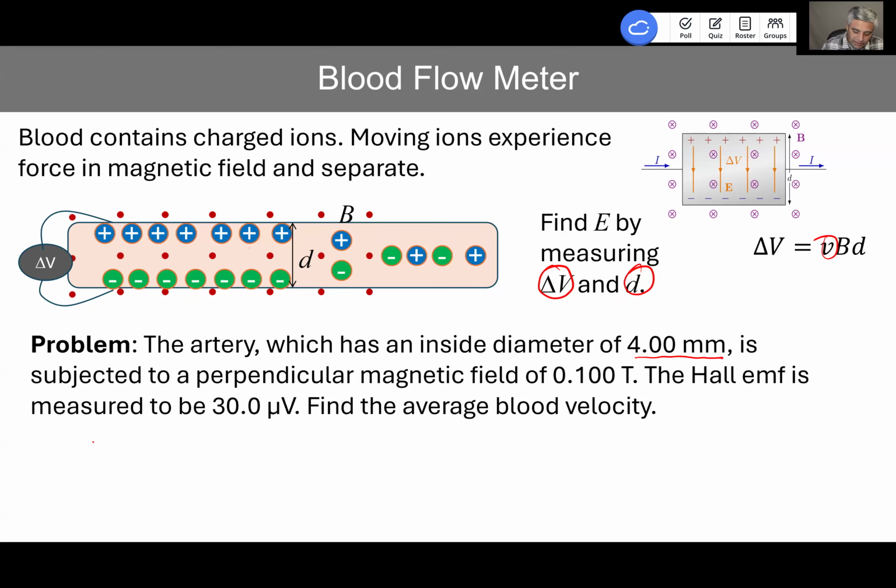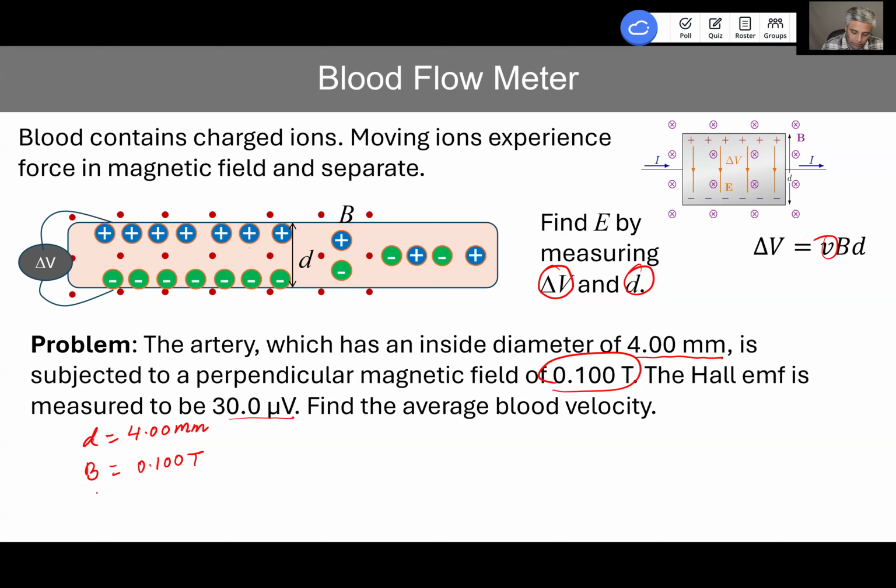So D is 4.00 millimeter. And in this case, the magnetic field is that many Tesla, and all the EMF measured was that much.